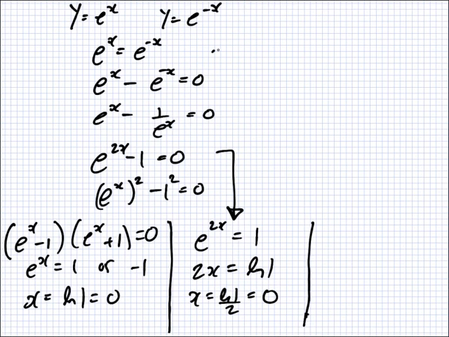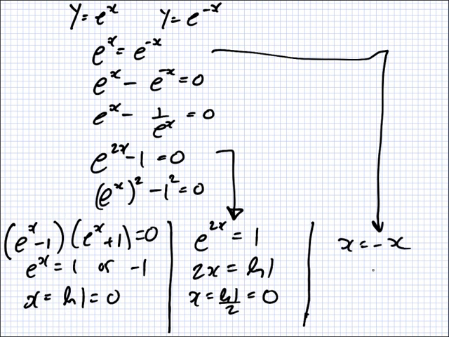Oh yeah, at this first step, you could have said x equals minus x. So then you would say x plus x equals 0, 2x equals 0, x equals 0. You could have done that at that step. So you had 3 ways to finish this off.